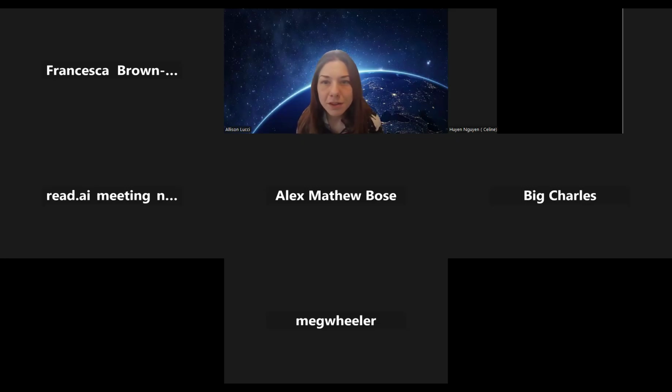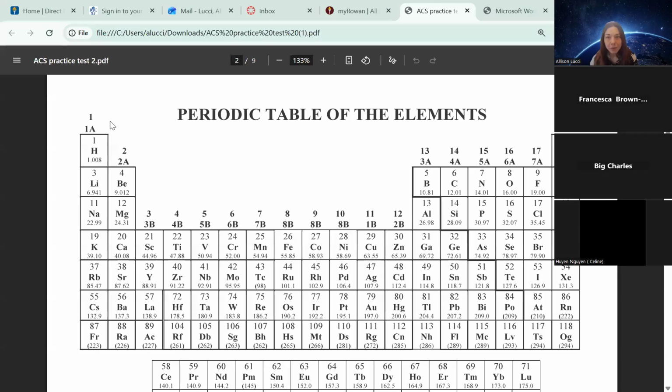If I wanted to do electron configuration, I use the periodic table to help me. I don't have to memorize everything per se. If I know that over here I have s orbitals, over here I have my p orbitals. We're only going to potassium, right? So we won't need the d orbitals, but we know they're there if we did need them.